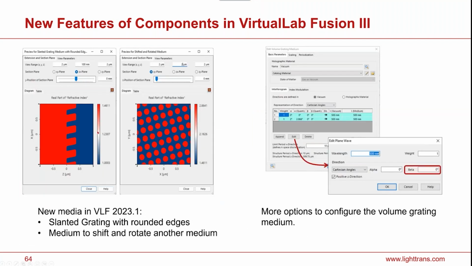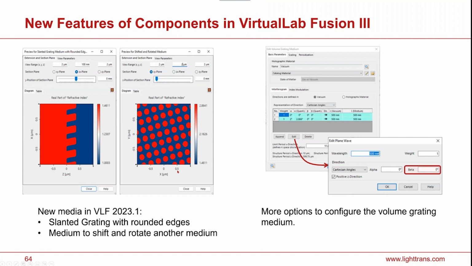Then, as a lot of customers ask us for this, we have added a medium for smooth edges to model tolerancing in gratings, for slanted gratings in particular. For others we could already do that, but now also for slanted gratings we have added smooth edges.